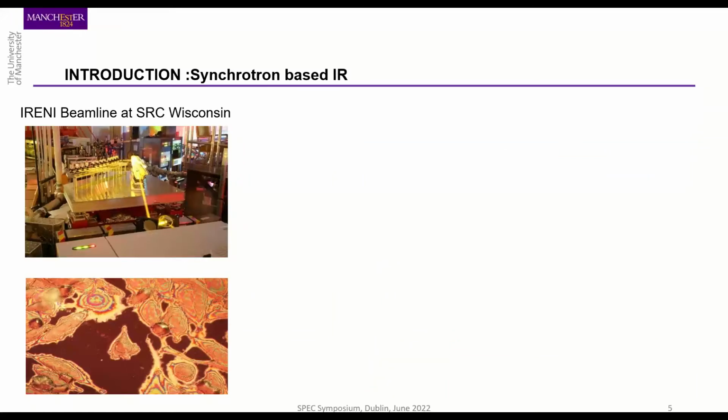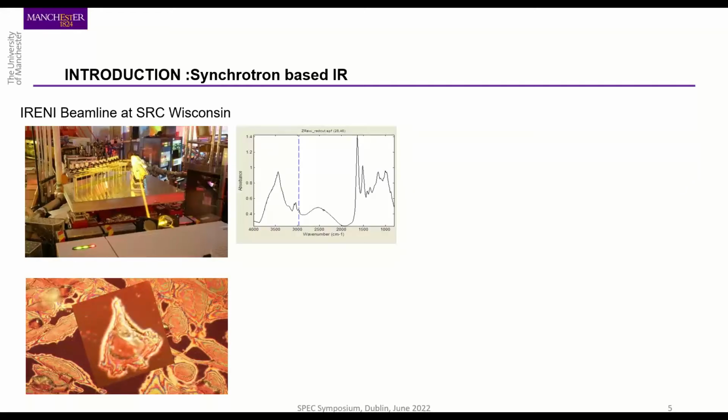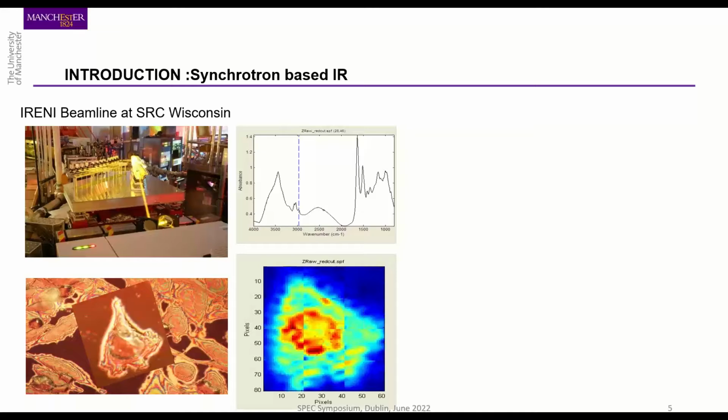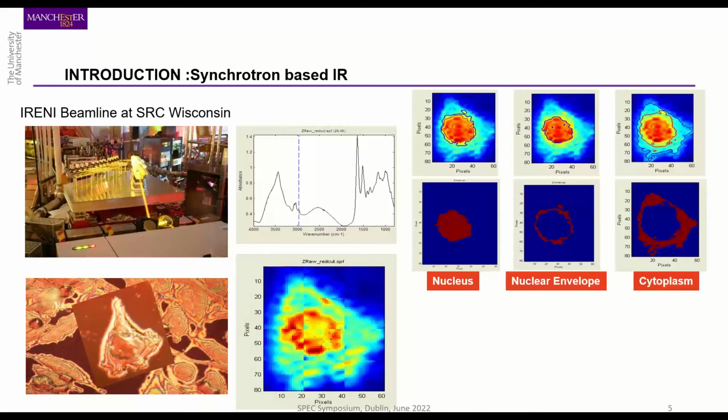We did some lovely work at the, I think it's now obsolete, Irene beamline in Wisconsin. There are some scattering artifacts in this data, and really high pixel resolution, but ultimately we couldn't get really good subcellular resolution, because it doesn't matter how many pixels you have, you can't get around the diffraction limit.